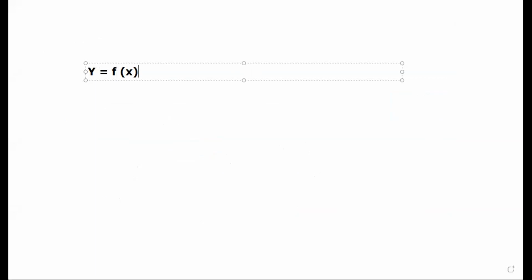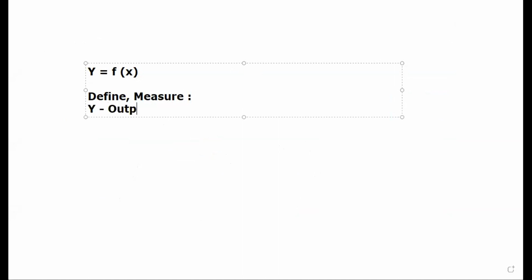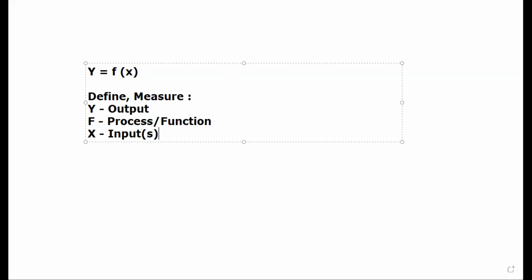I will tell you afterwards. Now, in the define and measure phase, we have understood y as the output, f as the process or function, and x as the input or inputs. You remember this, which I have already told you.